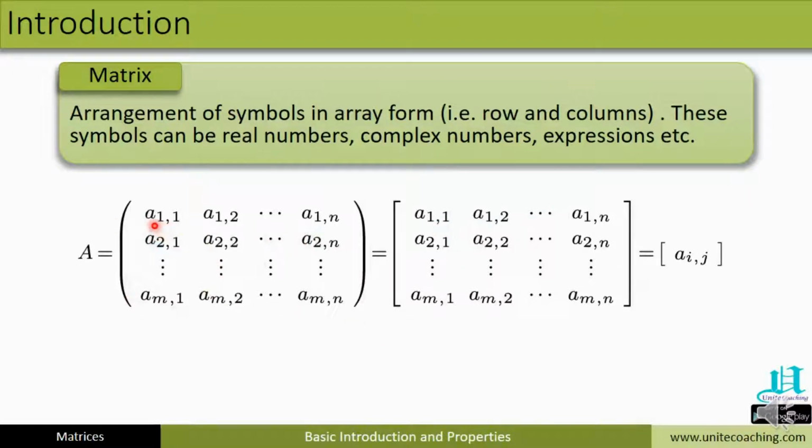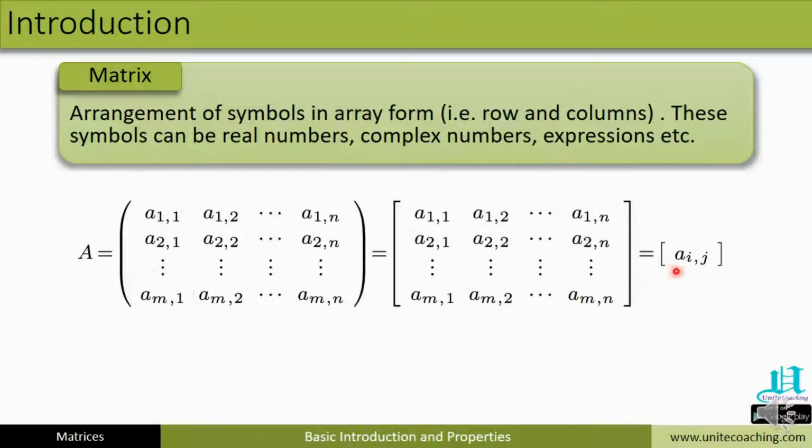All these elements a11, a12, a1n, am2, a22, amn are the elements or symbols of this matrix. These first two are the extended representation of the matrix.